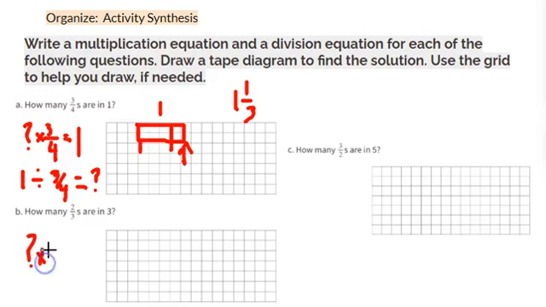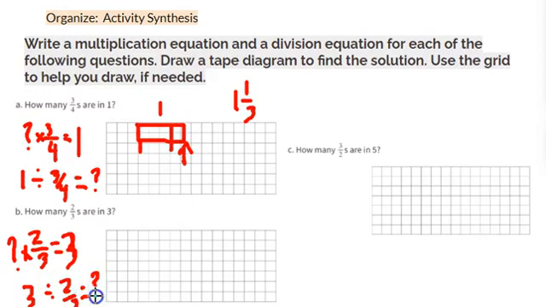Yeah, it should have something times 2/3 equals 3, or 3 divided by 2/3 gets us something.